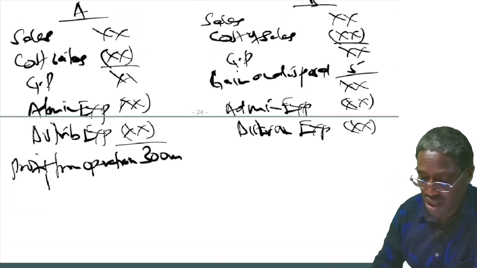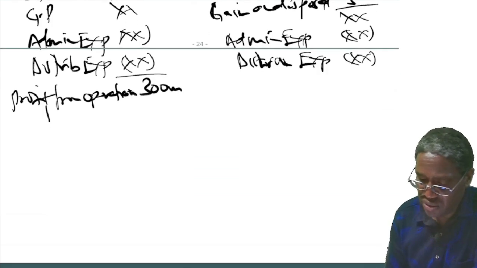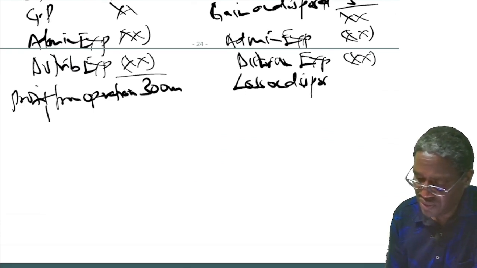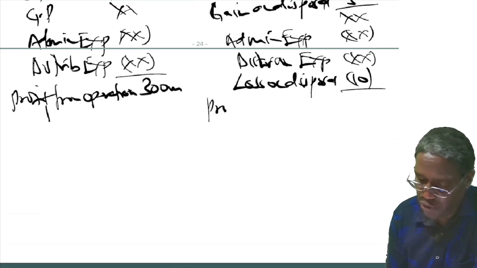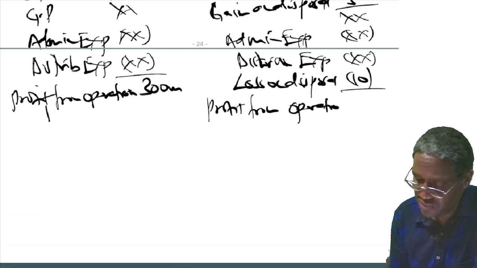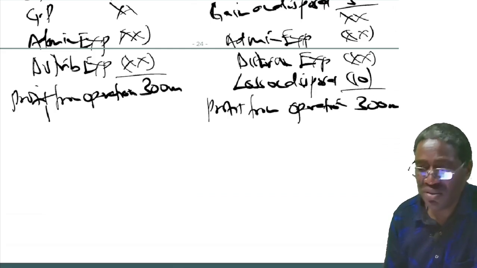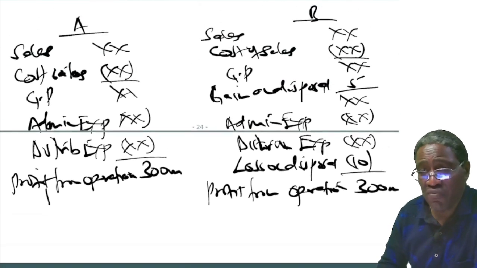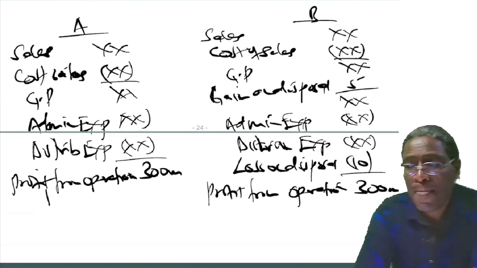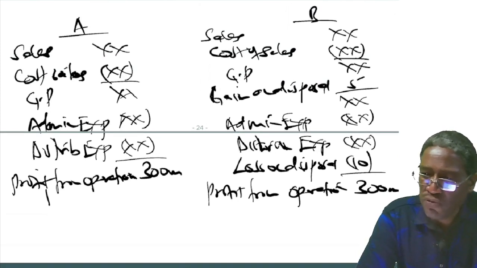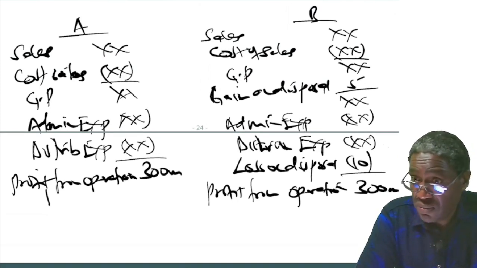Then he said loss on disposal, maybe 10 million. Then he got profit from operations, 300 million. Now listen. Both of these two accountants have got the same profit from operations.